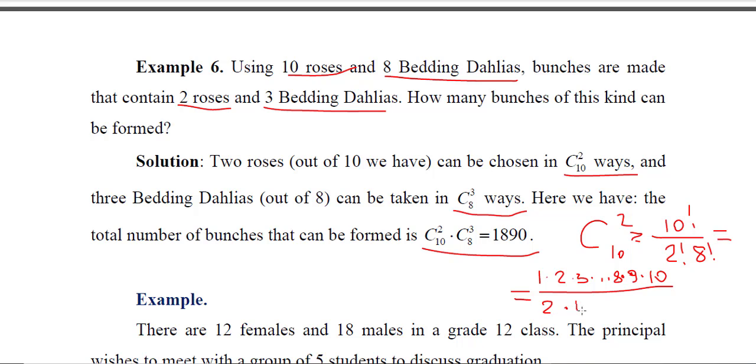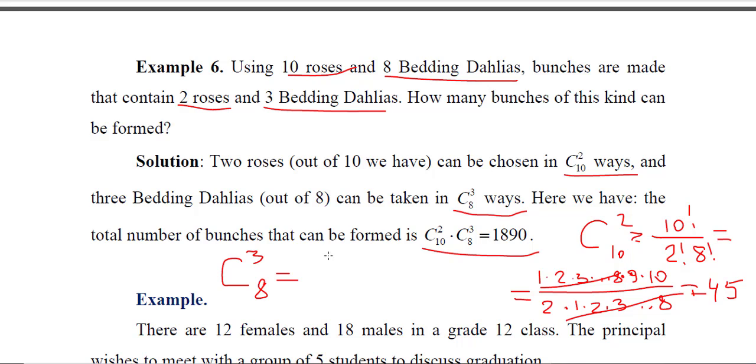So we have 10 times 9 over 2, which equals 45.